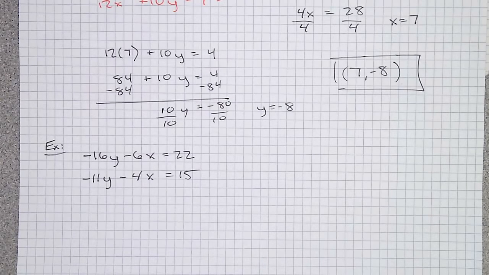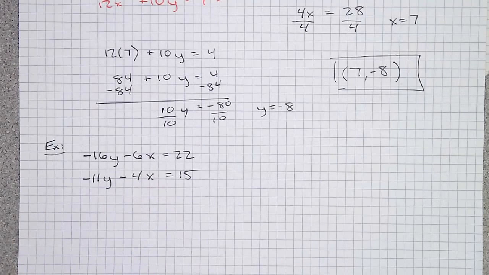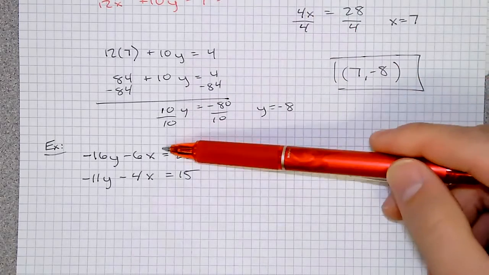Negative 6y minus 6x equals 22, and negative 11y minus 4x equals 15. Okay, so can we easily manipulate one of these equations so that one of the variables will cancel out? We cannot. So we're going to have to manipulate both of these equations.